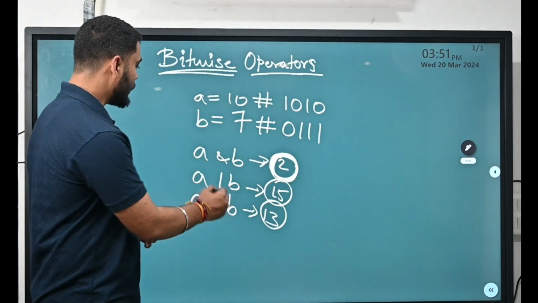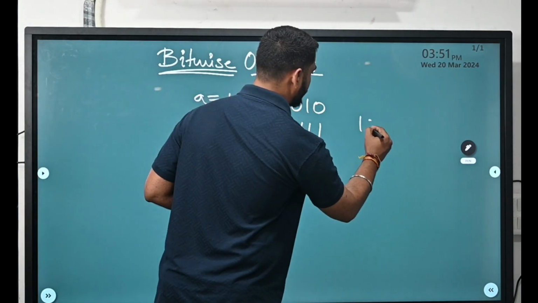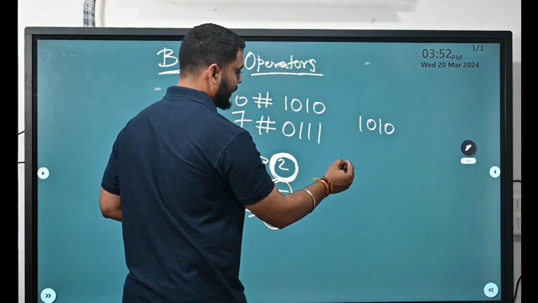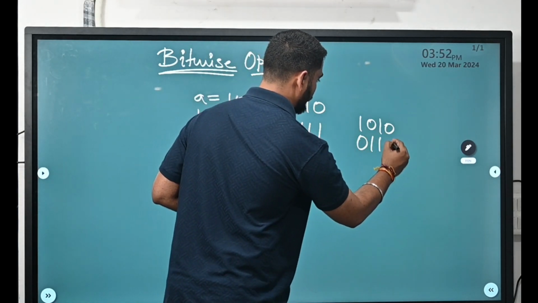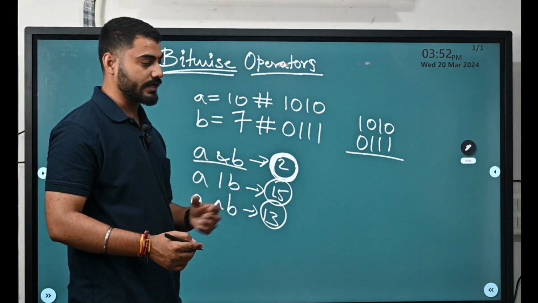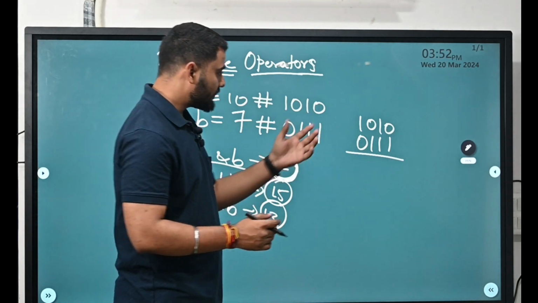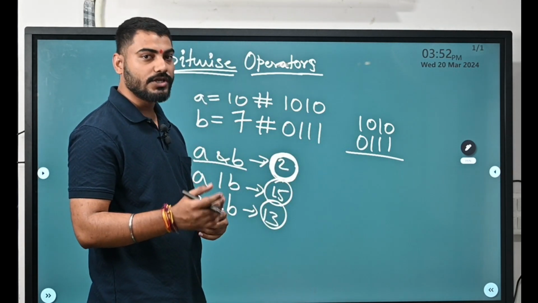Now if you want to calculate A and B, that is 1010 for 10 and 0111 for 7. And here the AND operator says both conditions should be true.